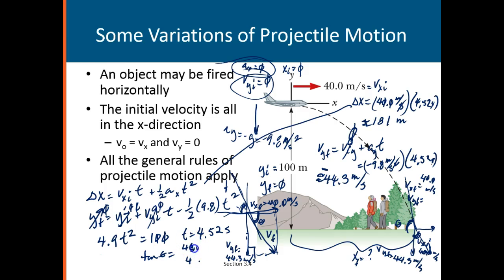44.3 over 40.0. Really? 44.3 divided by 40, and then do an arctangent of that. You're not getting the same answer as in the book. I don't have a calculator up here, so I can't check it.